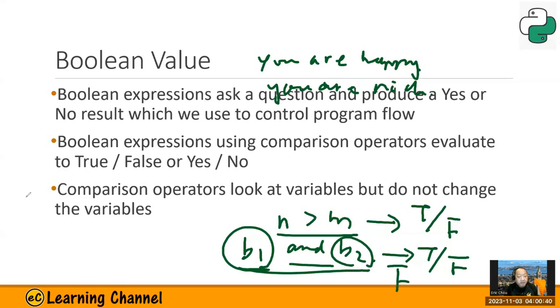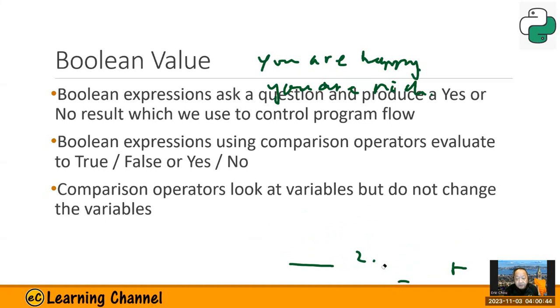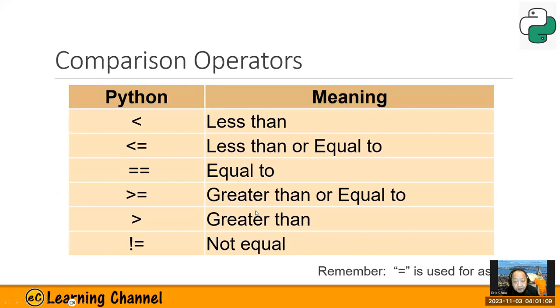So basically, a Boolean expression is a combination of Boolean variables or a calculation of some inequality or equality expression in math. Comparison operators look at the variables and do not change them, but they evaluate the variables and combinations to provide a true or false value.